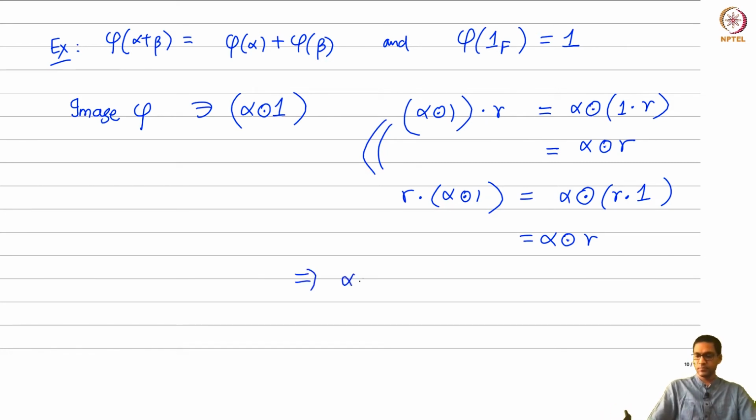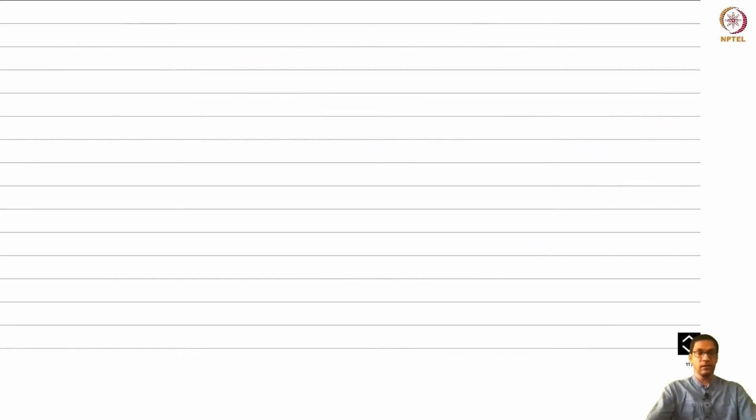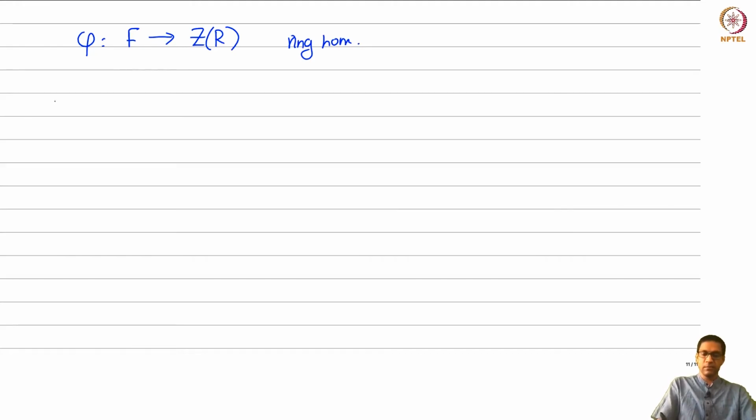So what this means is that if you have an F algebra, then you can define a map phi, a ring homomorphism, from the field F to the center of R. In fact, conversely, giving such a map is equivalent to giving an F algebra structure.